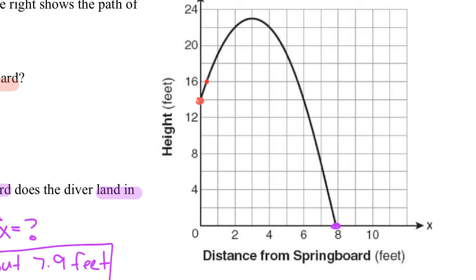If you notice, here the graph is y is 16, but it's also 16 on the other side of the parabola as well. So this time there are two places that the diver will be 16 feet above the water. So we need to take both of those. So for the first point, the diver first hits 16 feet above the water when he is about 0.2 feet away from the springboard. Then he hits 16 feet in the air again when he is about 5.8 feet from the springboard.